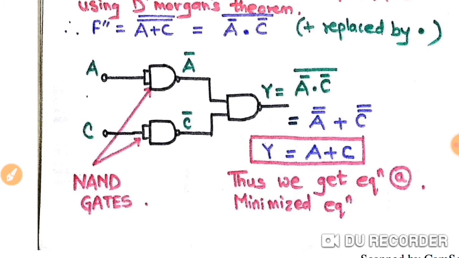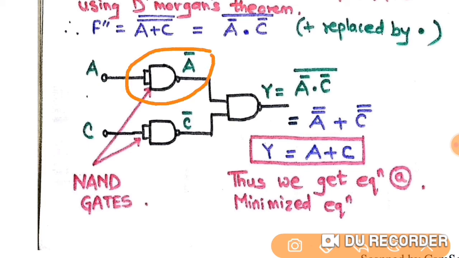So now I need to replace this with a logic diagram and see whether it is satisfying it or not. For making A to A bar, I need a NAND gate. So I have put a NAND gate here to make A into A bar. Then I'll use a second NAND gate to realize C bar. So the second NAND gate is put over here, making C into C bar. Now what do I need to do? I have a dot in between them. Dot means multiply.